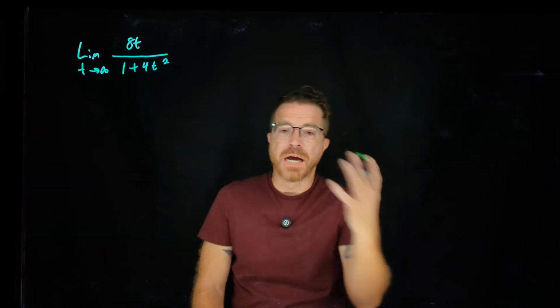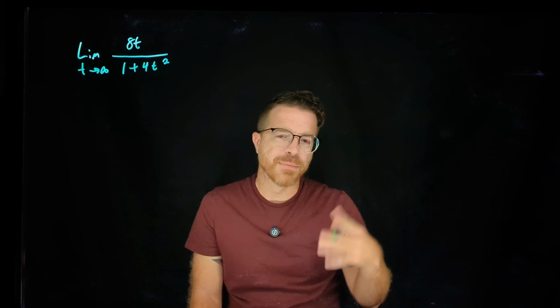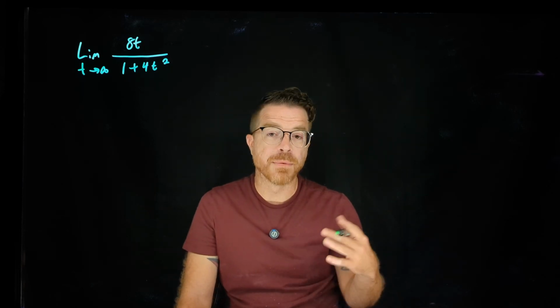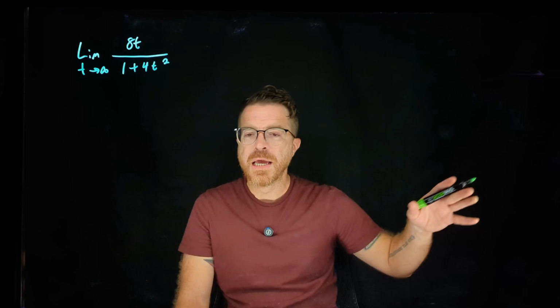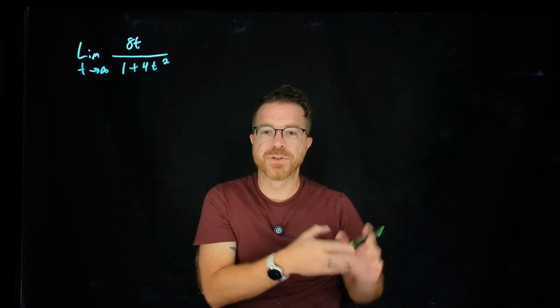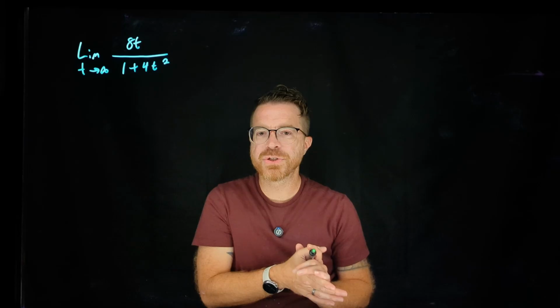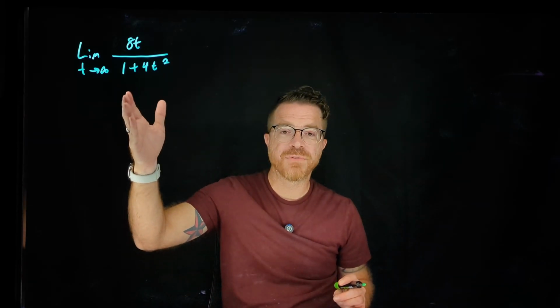I don't know what this function looks like on a graph off the top of my head. I could put it into a computer or calculator, but sometimes you're not going to know the behavior off to infinity by just looking at a graph in a local frame. You might have to zoom out, zoom out, zoom out. It's easier just to solve for what this is equal to as I approach infinity.